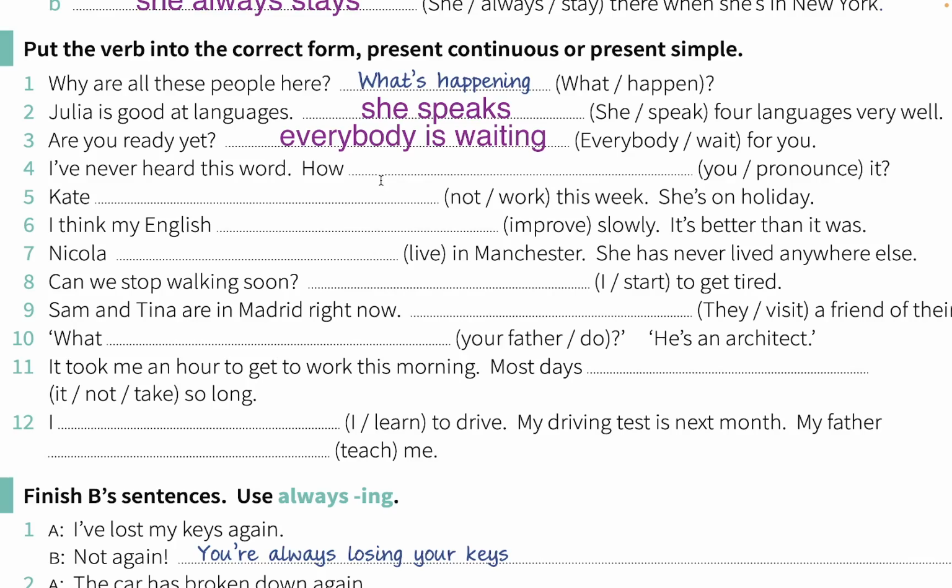Number 4, Riska. I've never heard this word. How do you pronounce it? Yes, correct. I've never heard this word. How do you pronounce it?